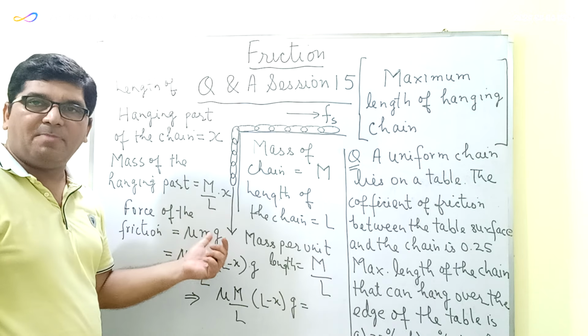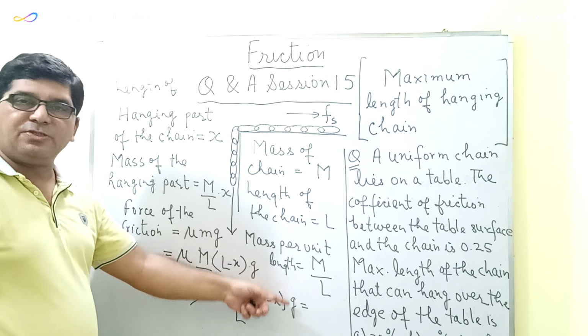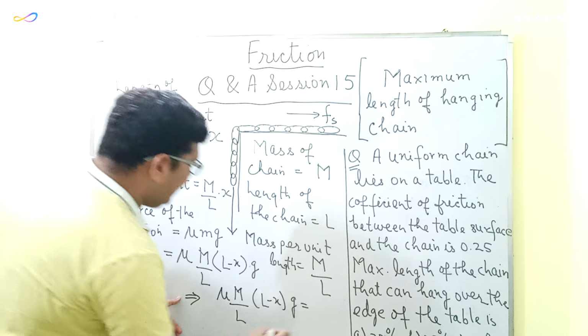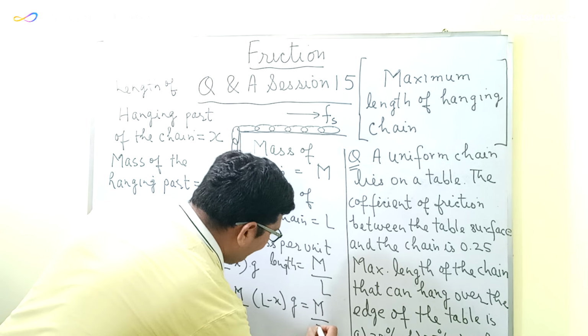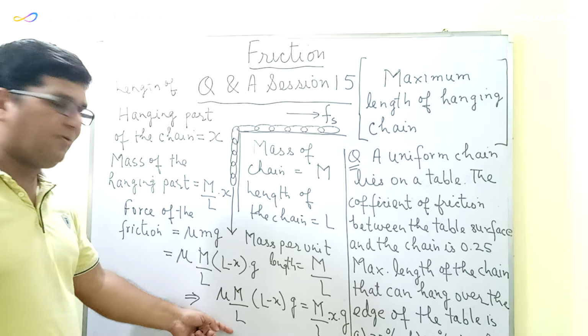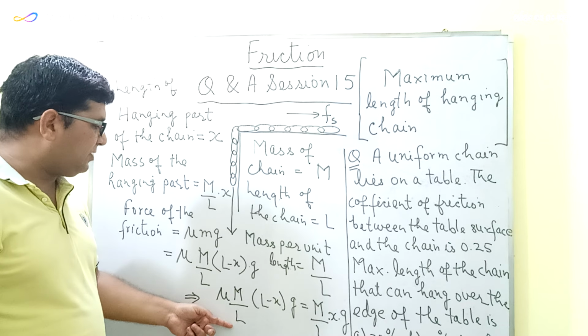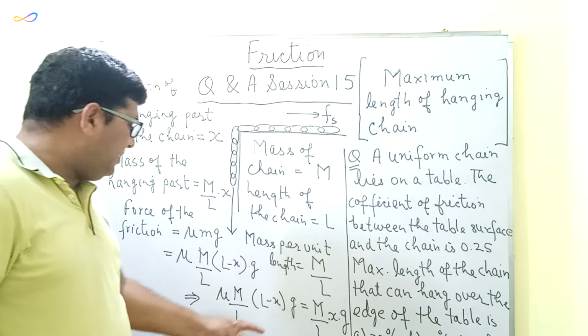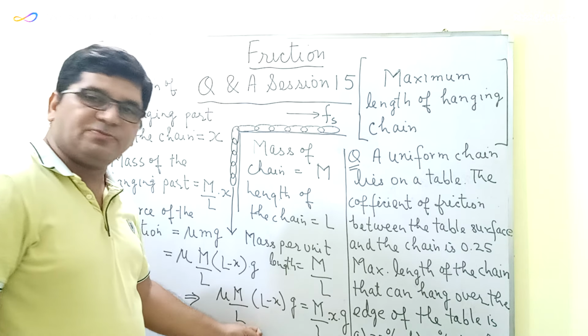Weight is equal to mass into acceleration due to gravity, so this will be equal to M by L into X into g. This is the equation which we have got, and by solving it we will be able to find the value of X in terms of L.